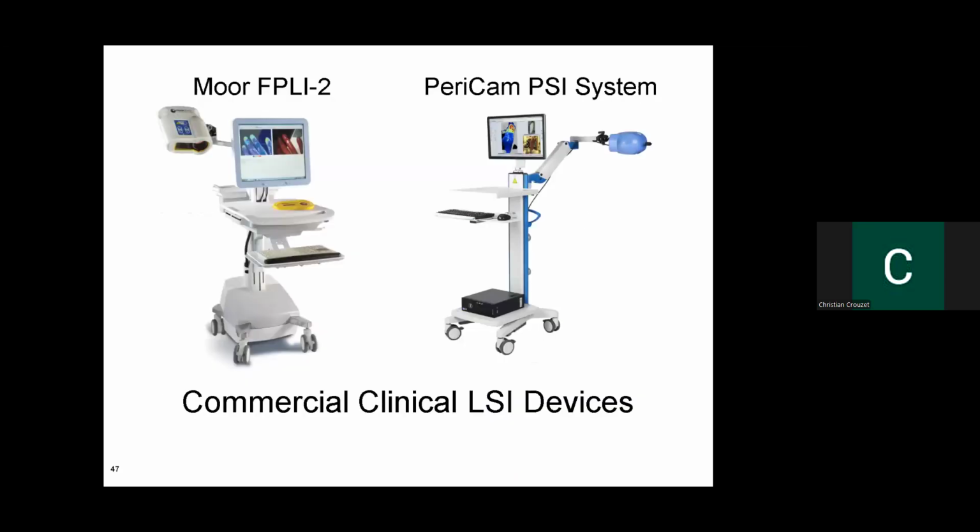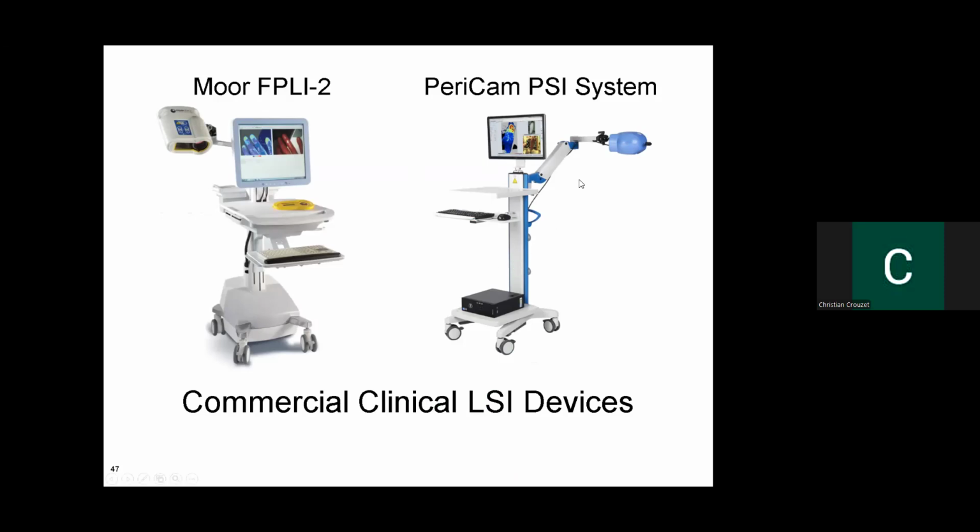And the first two systems I showed are very cart-based systems going into the clinic. And there are commercial LSI devices. We have used this Pericam LSI system, which works pretty well from everything we can tell, if you have quite a bit of money to spend on it.